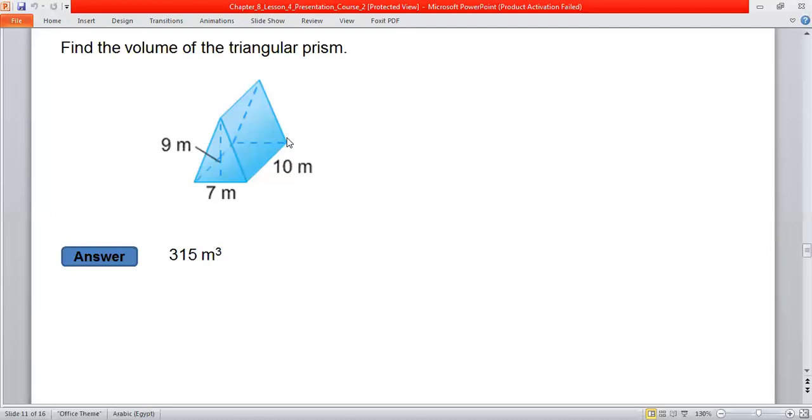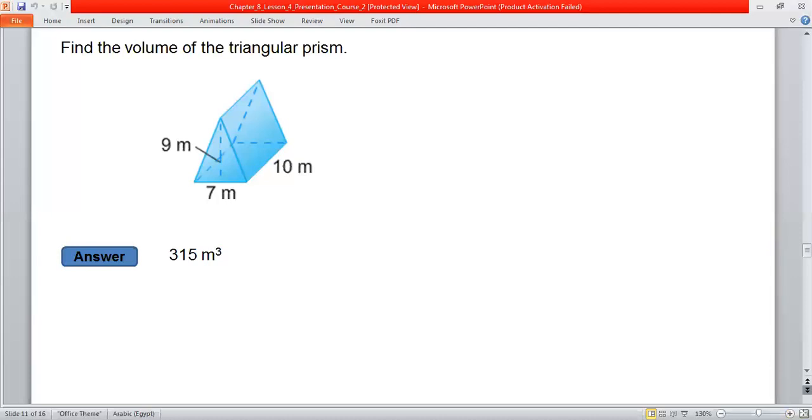Or I can find half of 7, which is 3.5, and multiply by 9. Or half of 63, which is 31.5. After that, I multiply by the height, which is 10.